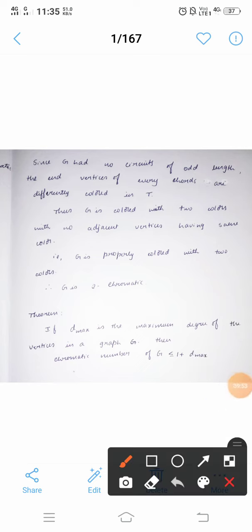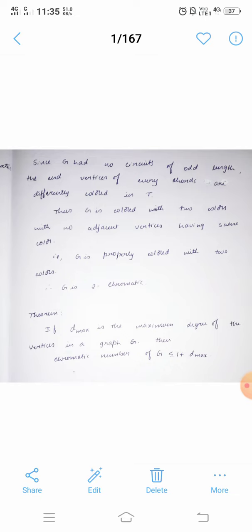Next theorem, you don't have the proof for this. If D max is the maximum degree of the vertices in a graph G, then the chromatic number of G is less than or equal to 1 plus D max.